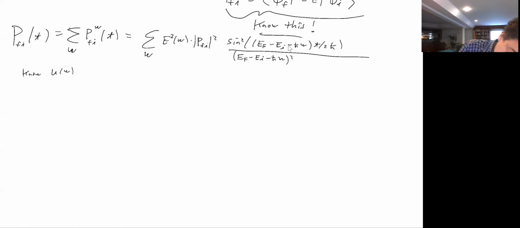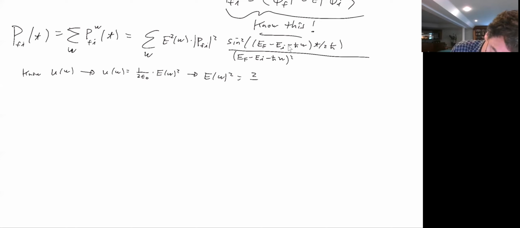And so then what we'll do is, if we know the spectral density U of omega, we'll use this relationship, which is that U of omega is equal to 1 over 2 epsilon naught times E of omega squared.